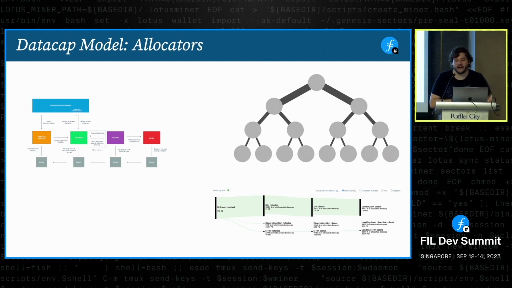So maybe one thing we can do is use the word allocators now instead, and think about designing different kinds of data cap allocation systems. Some of which might use notaries, some of which might use other mechanisms, and that might help bridge a lot of the divide, where people very rightfully agree that the entire crypto Web3 industry was built on not using human organizations to do what you can do in math and cryptography.